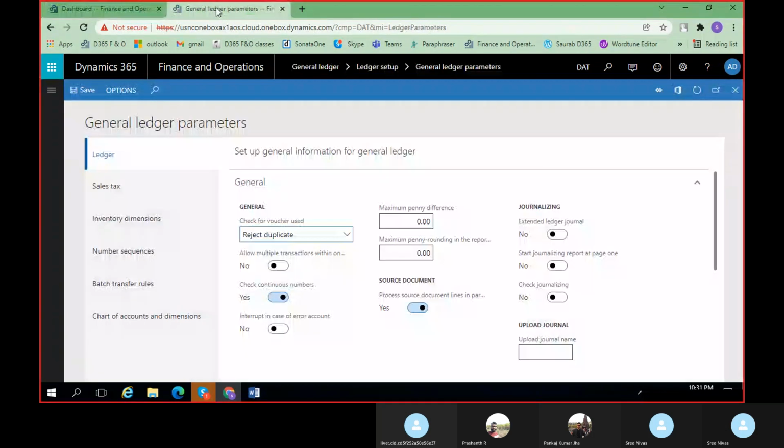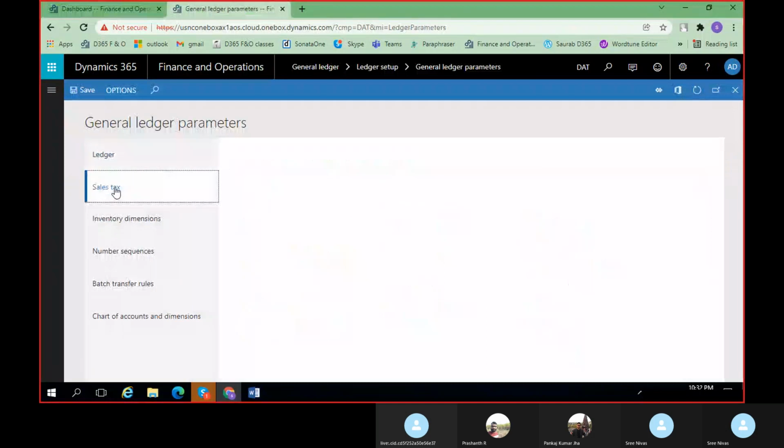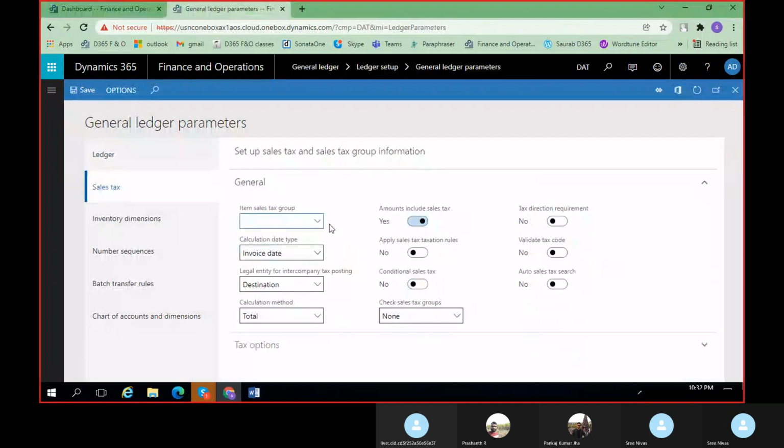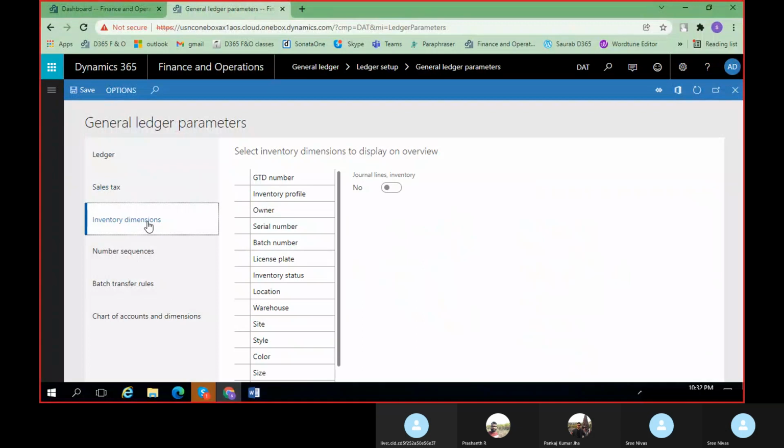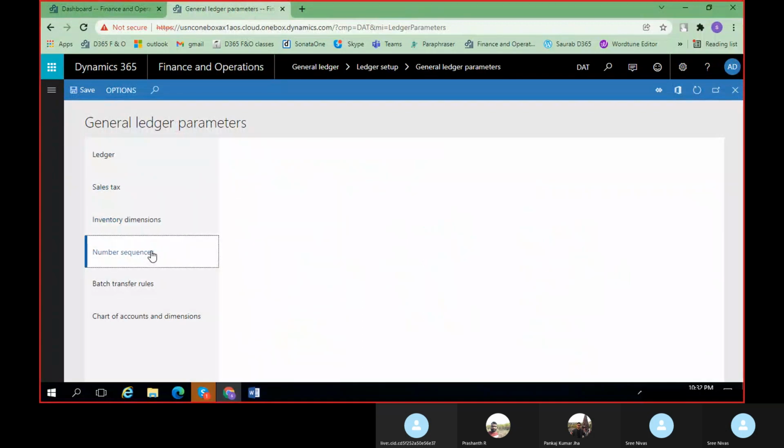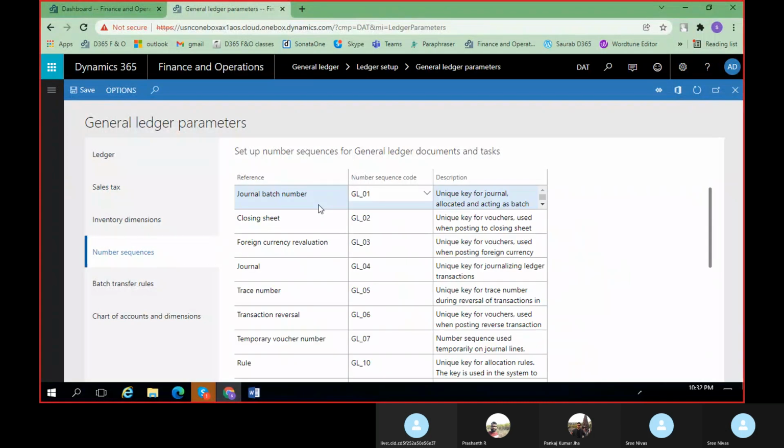In order to do that, you will have to always open the general ledger module and see the topics like sales tax, anything that is tax related. You have to give the sales tax groups or anything, those configurations will be given here. And anything related to inventory dimensions will be given. And then the number sequences, already we have discussed the importance of number sequences and how to configure.